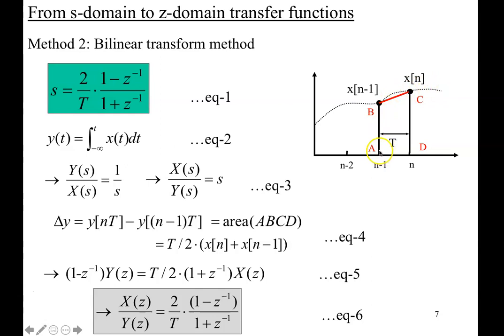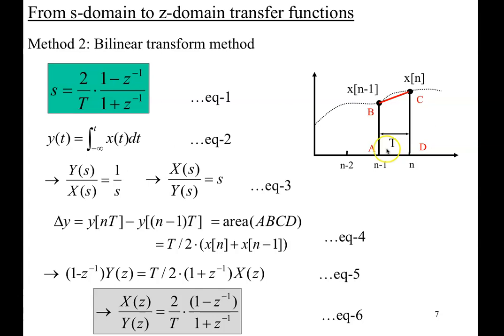The cross-section area between A, B, going through the dotted line to C, and then coming to D, that's the cross-section area of x(t) in continuous time. Again, because I don't know what happens between this point and that point, I work out the cross-section area between A, B, the straight line, C, and D. This is approximately the same as the one from A to B going through the curve to C and D. As long as your T is small enough, the difference between the two can be quite small.